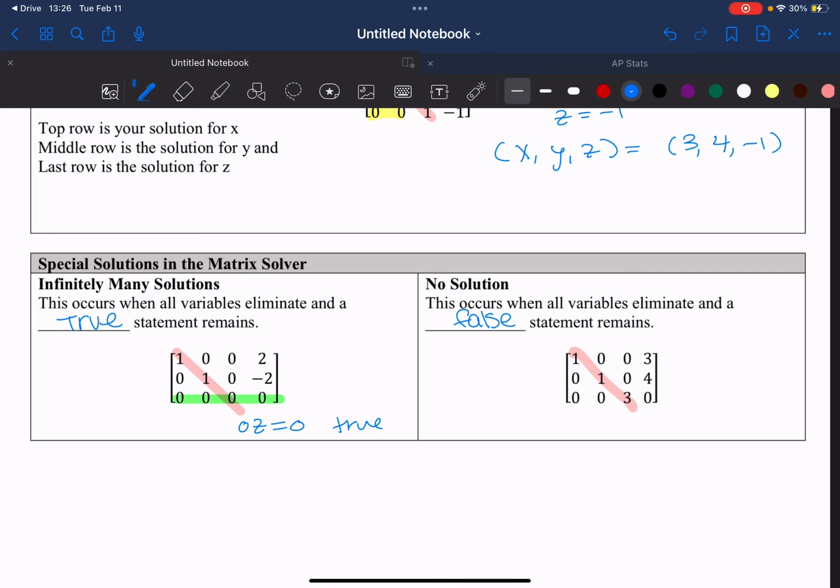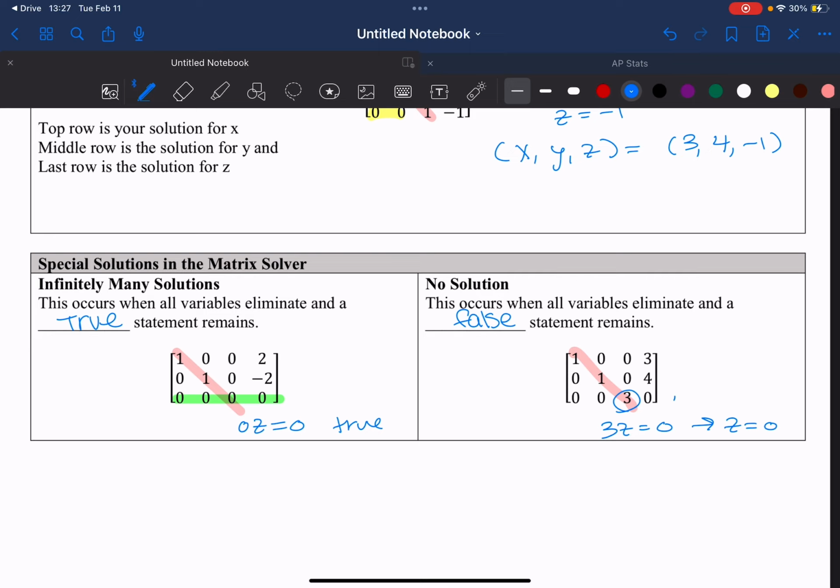What this one is saying over here, notice how instead of the diagonal of ones, we have a 3 there. This is saying that 3z is equal to 0, which implies that z is equal to 0. However, even though it looks like this, this was not able to reduce that z. So what happens is that the variable completely eliminates, and you will get a false statement.